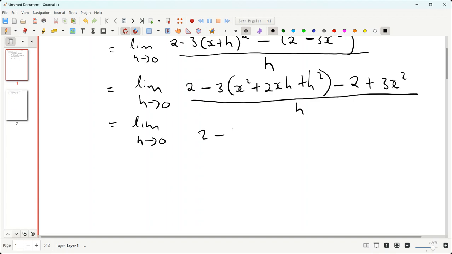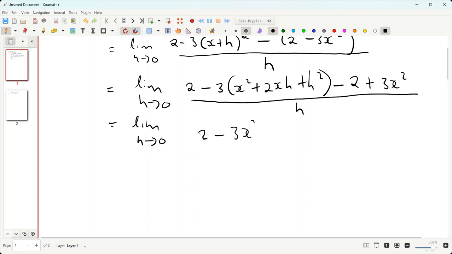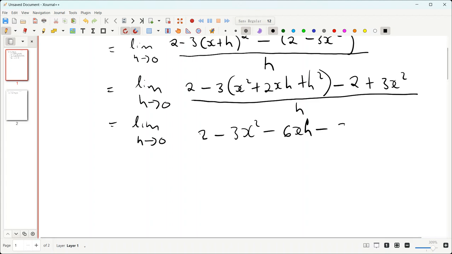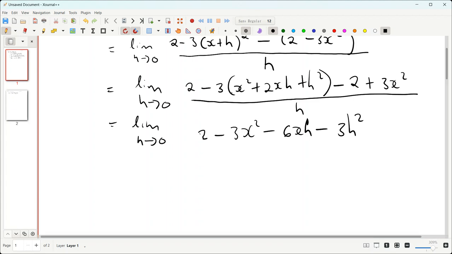So this is negative 3x squared, and then you have negative 6xh, and then negative 3h squared. We're just distributing this negative 3 over the expression here.